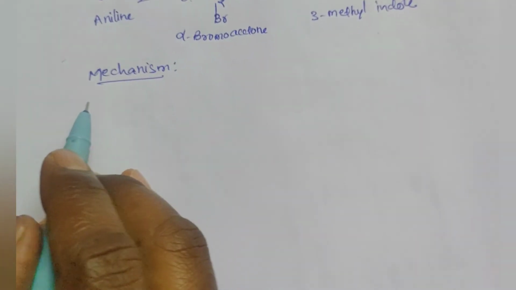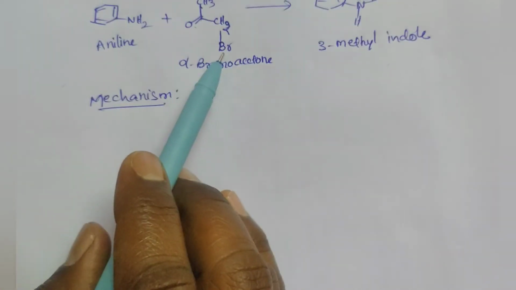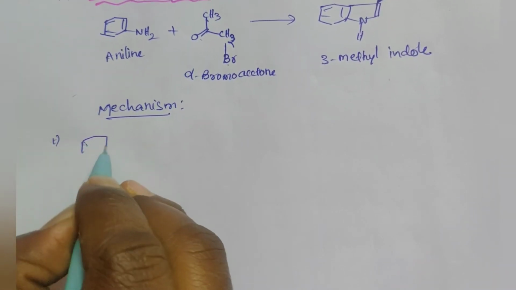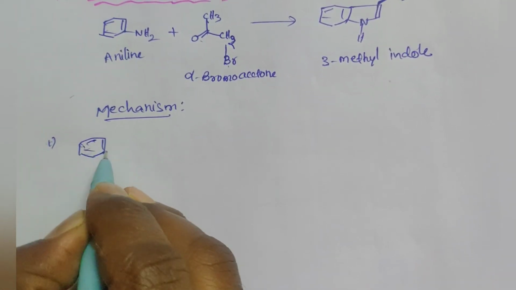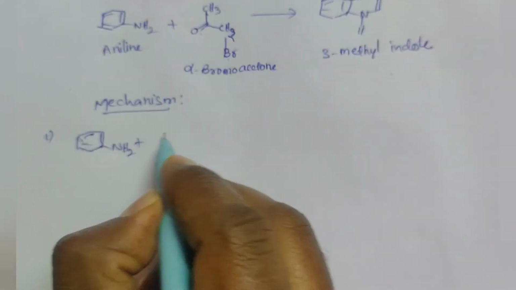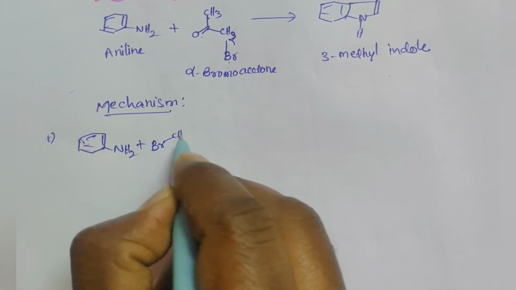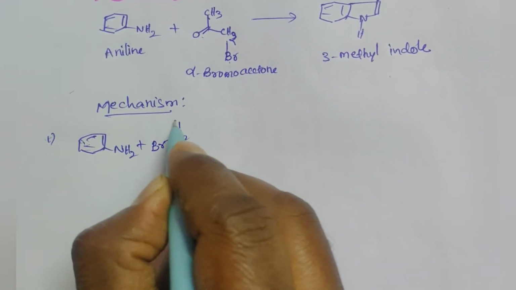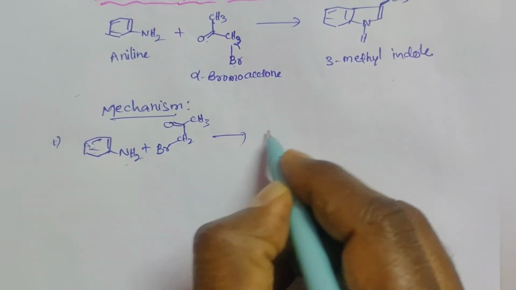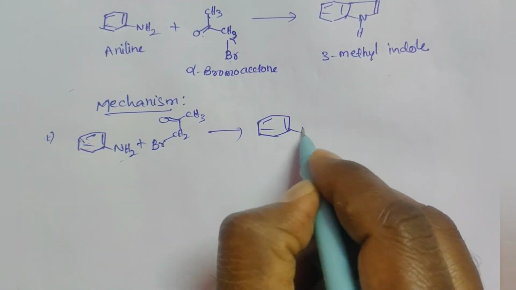We know very well that amine group and hydroxy group easily react with the halogen compounds. So in the first step, what happens is that this alpha bromo aldehyde or ketone, that means not only alpha bromo, alpha halo ketones, easily react with these amines, and we get a substituted product, substituted aniline.